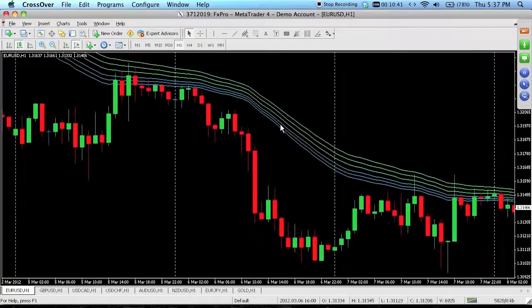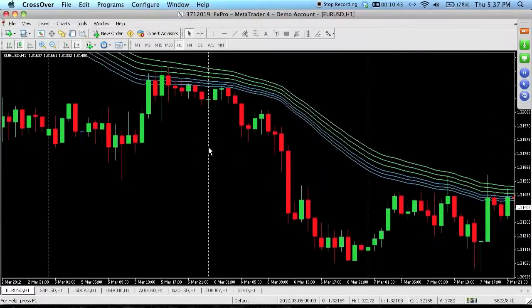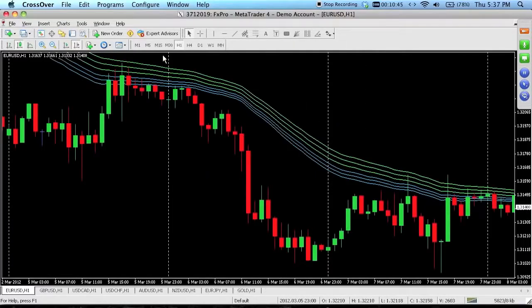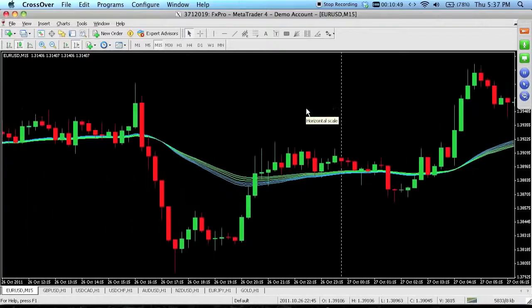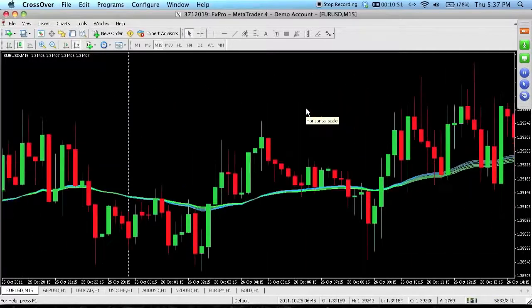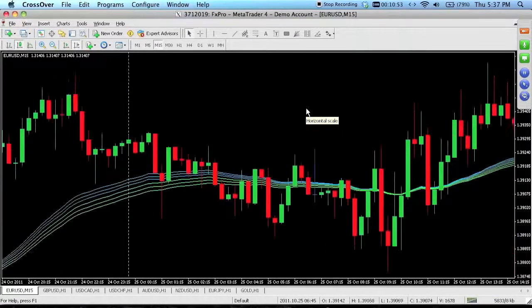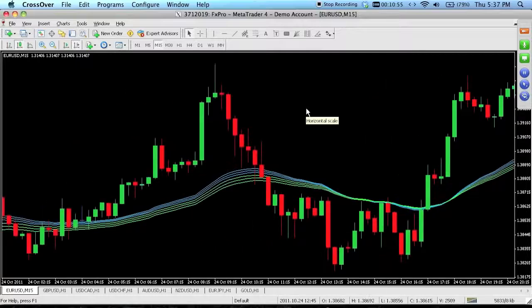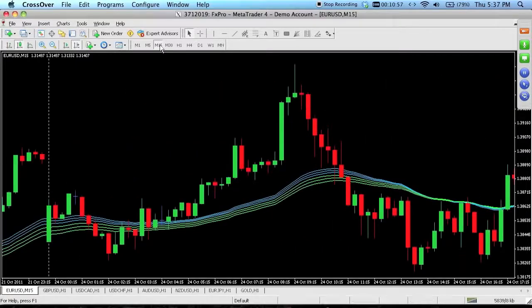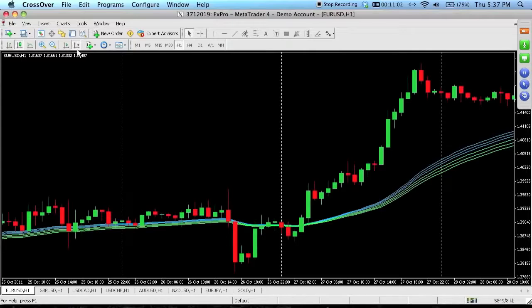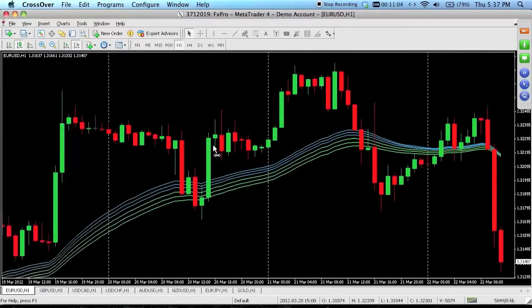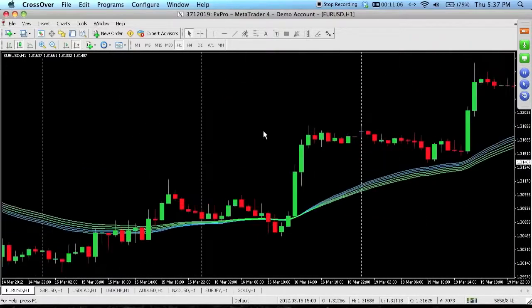Let me show you an example. Let's go down to the 15-minute chart. It is recommended to use the 15-minute chart if you are a scalper. Otherwise, the 1-hour chart is obviously ideal for this strategy.